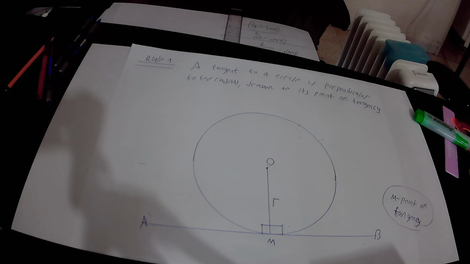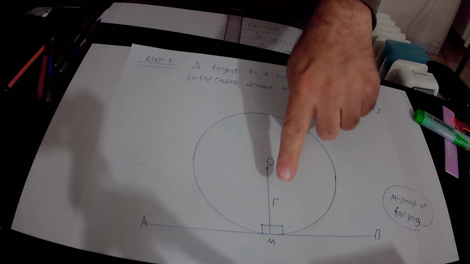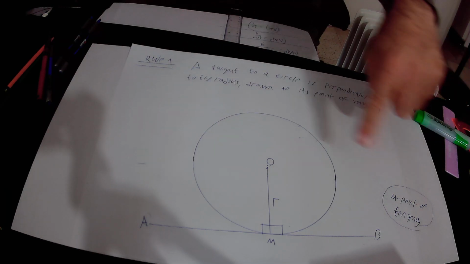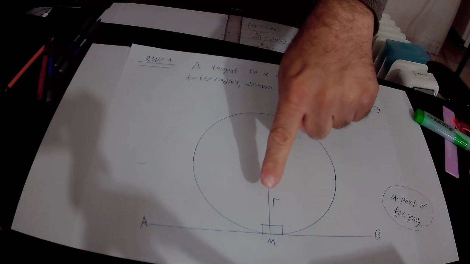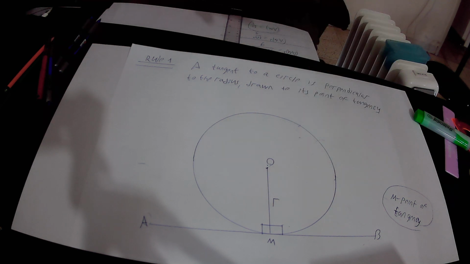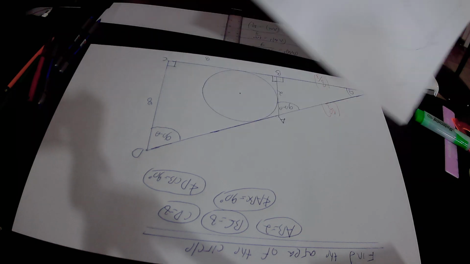So whenever you have a radius drawn to the point of tangency, the tangent will be perpendicular to it. We can apply rule number 1 in our drawing.